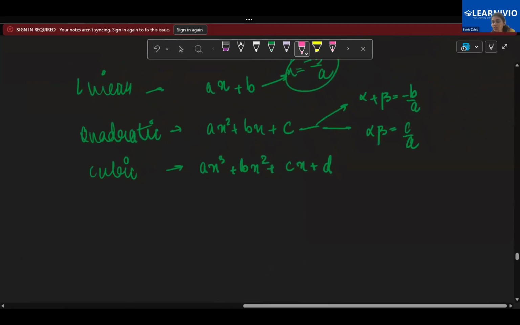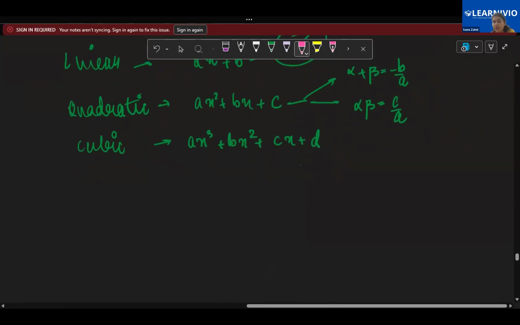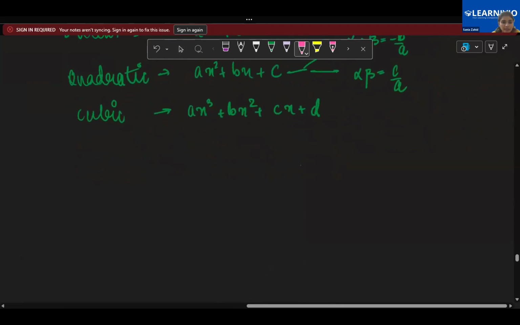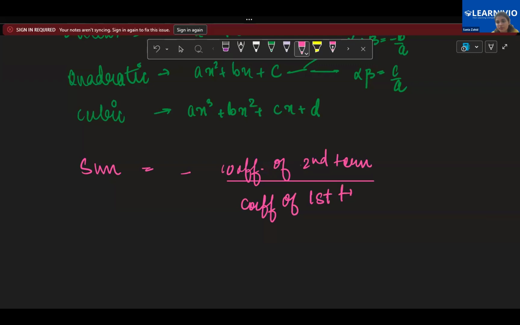For a linear, what is the general formula? For a quadratic, what is the general formula? And for a cubic, what is the general formula? After this, you will remember it like this. Sum of zeros is equal to the negative of the coefficient of the second term divided by the coefficient of the first term.